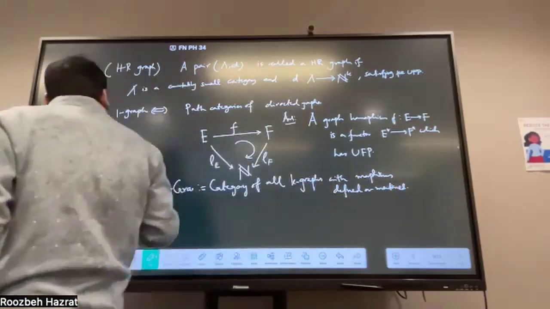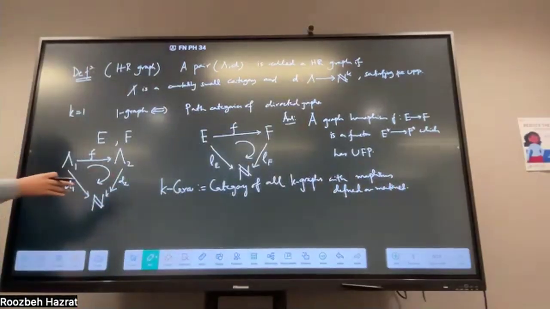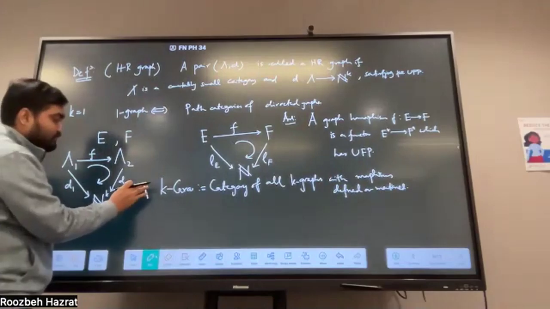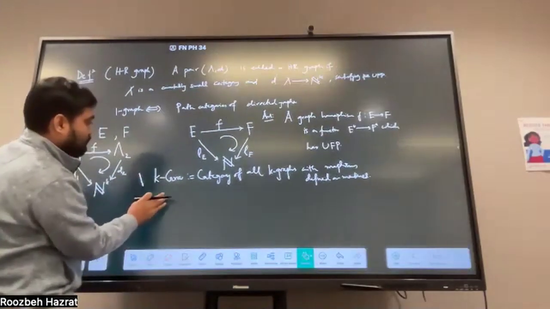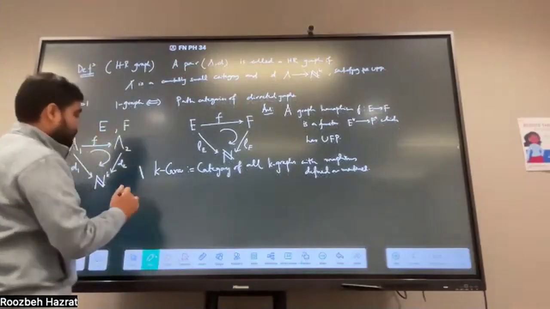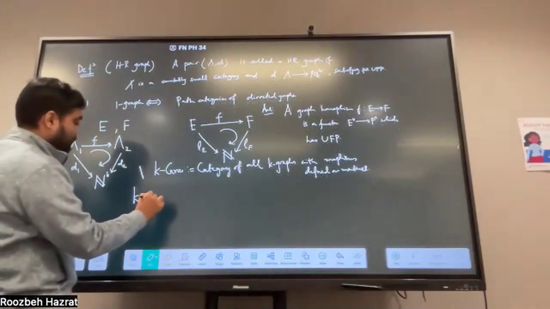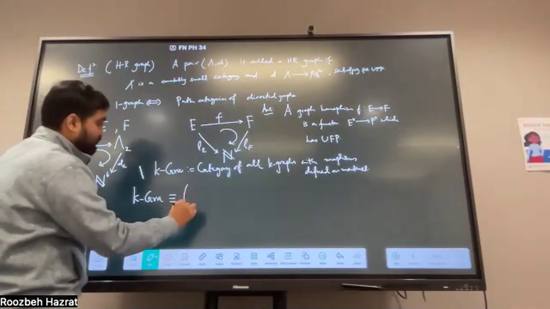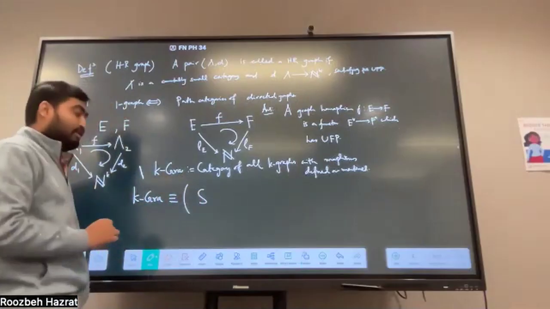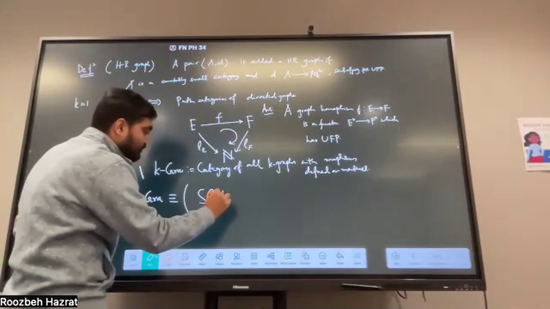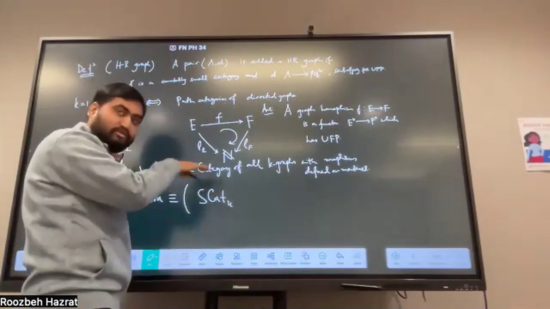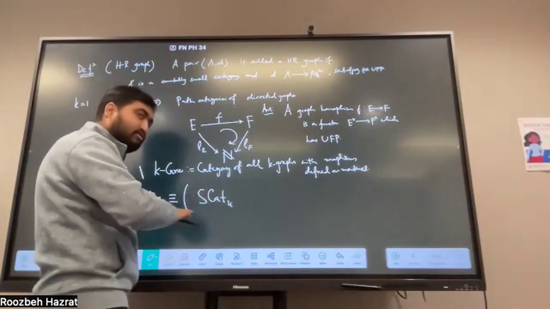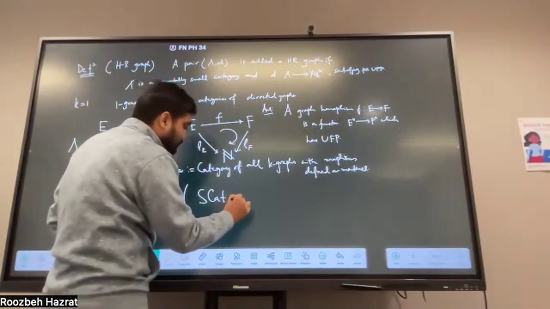Right. There is an alternative way to look at this category of k-graphs. This is nothing but a comma category. So just take the category of all small categories, where the objects are small categories and morphisms are functors satisfying the UFP.